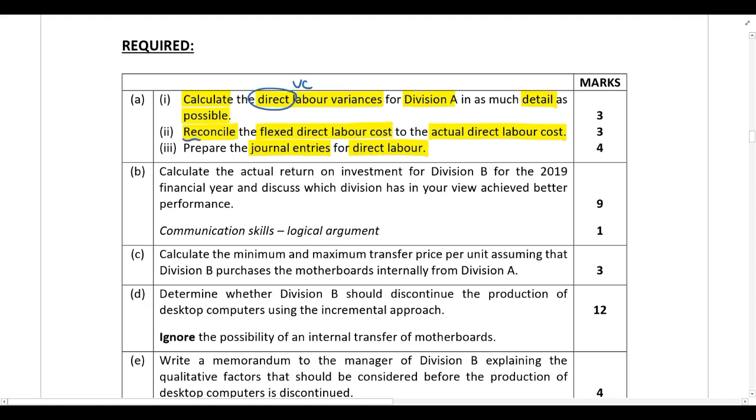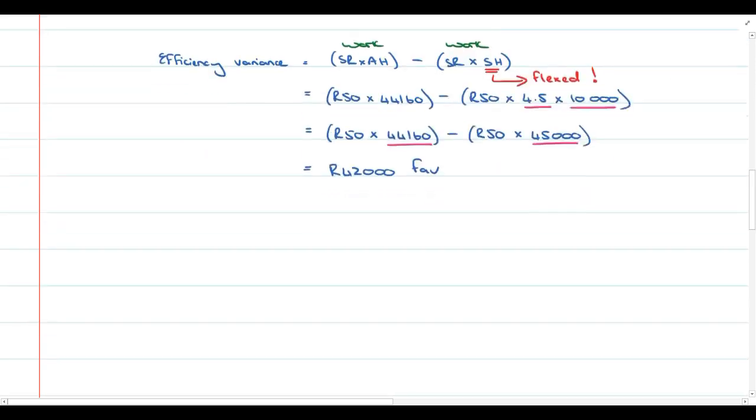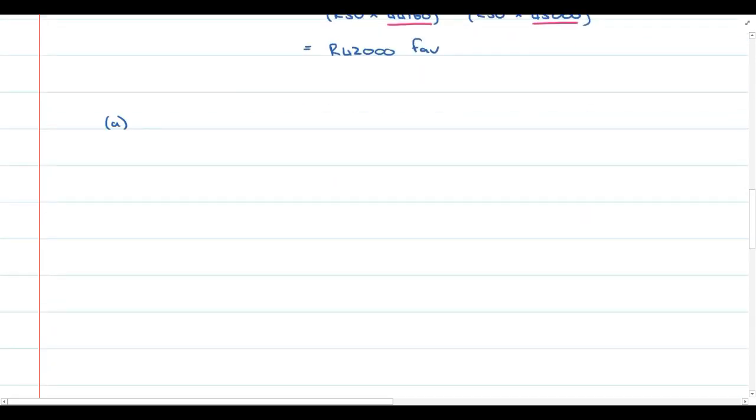Then next we need to reconcile the flexed direct labor cost to the actual direct labor cost. All right, so we are now looking at a reconciliation. And we are reconciling the flexed direct labor cost to the actual direct labor cost. Now guys, obviously the only reason for the difference between the flexed cost and the actual cost is all of the variances that we calculated.